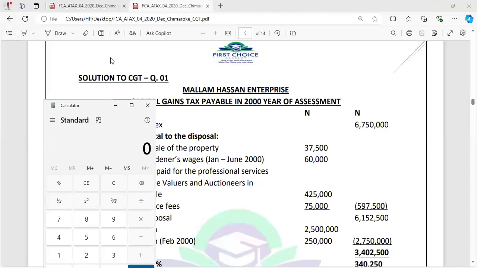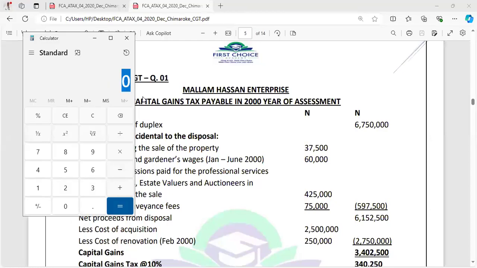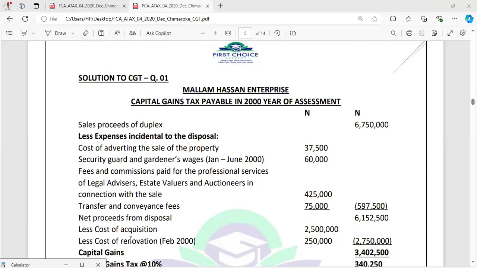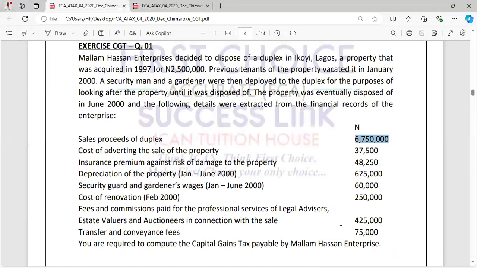Then the next thing we need to do is to bring all the expenses that are remaining, which is the cost of the assets being disposed. We were told that it was bought for 2,500,000, which is the original cost of the assets. That's what we have here.